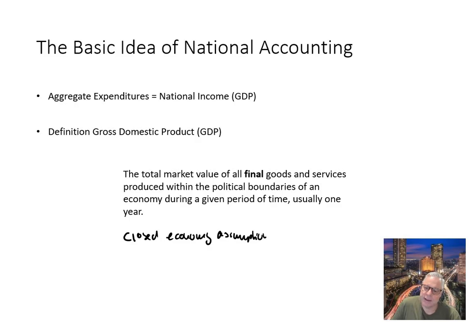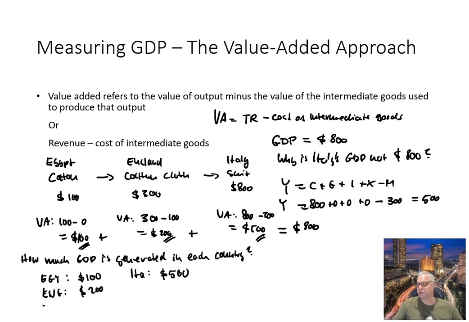Because in reality, things are a little bit more complicated as soon as we incorporate exports and imports of intermediate goods. So intermediate goods are also recorded in exports and imports, but consumption and government spending and investment are only related to final goods or capital goods.